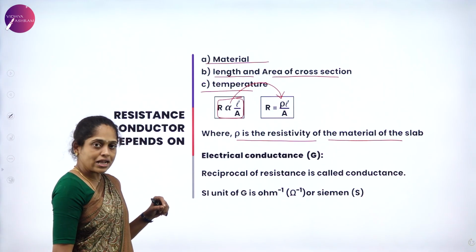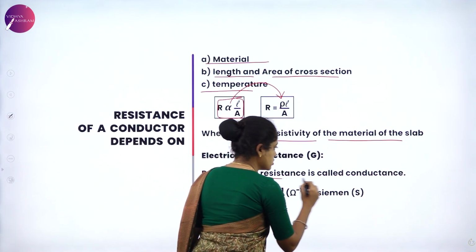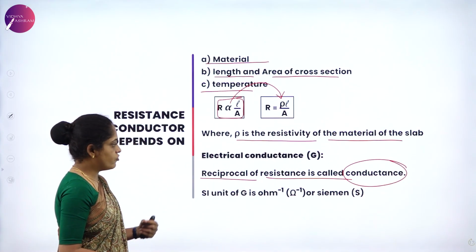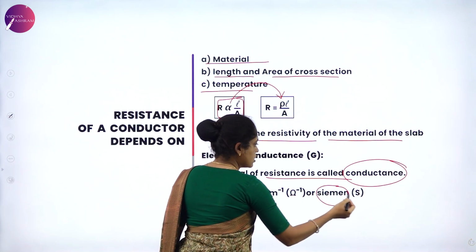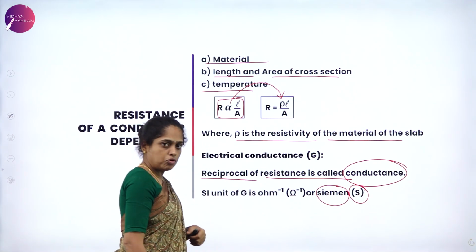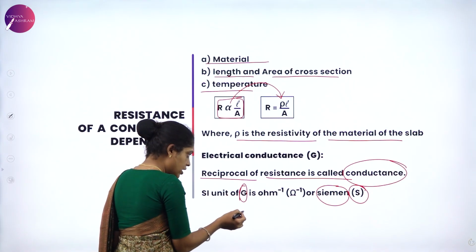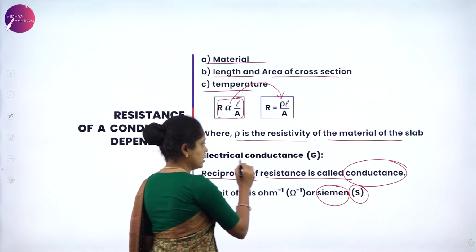What is conductance? Conductance is the reciprocal of resistance, whose SI unit is Siemens. The symbol of the SI unit is capital S, and the symbol of the quantity is G.